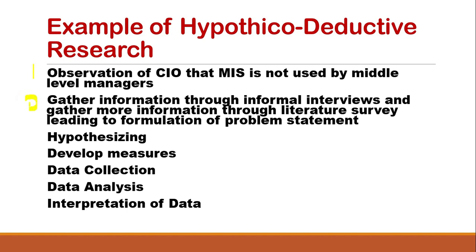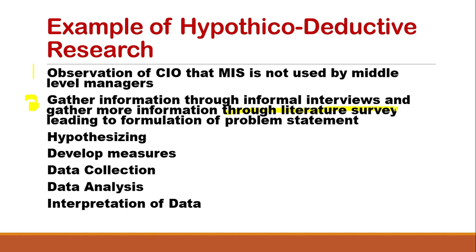So the CIO starts talking to some of the middle level managers and finds that many of them have very little idea as to what MIS is, what kind of information it could provide, and how to access and utilize it, which leads the CIO to a more thorough literature survey.